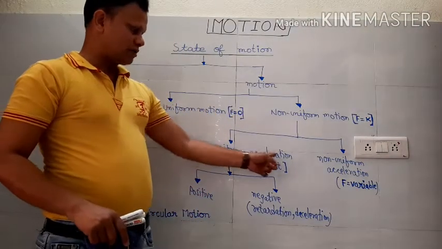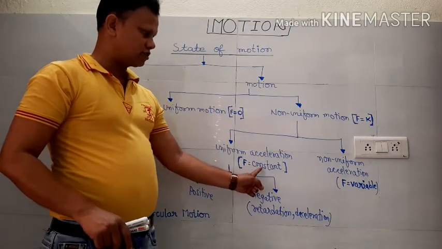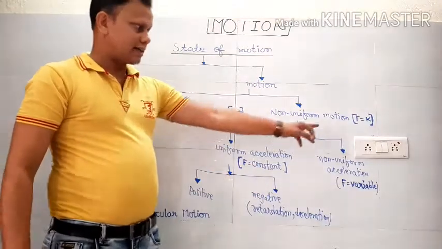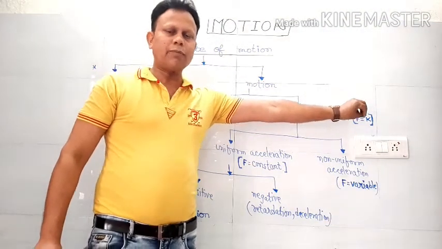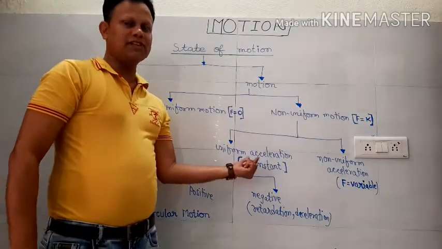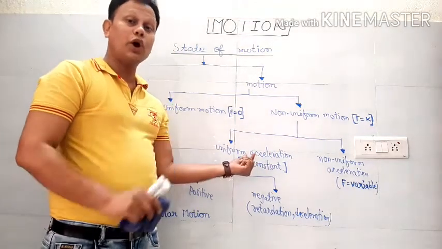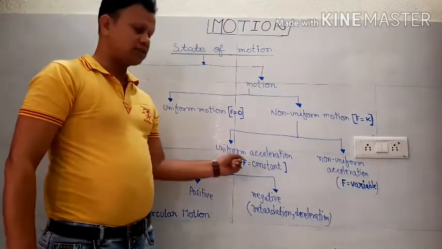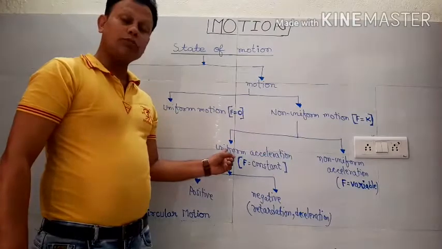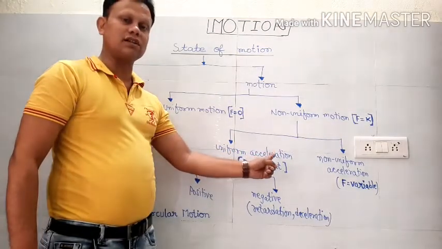Now for uniform acceleration, I have written F is constant. As I said, for non-uniform motion, some amount of force is needed. If that amount of force is constant, means the value of force applied is not changing, then we will observe the object in this situation. That means the object is moving with uniform acceleration.